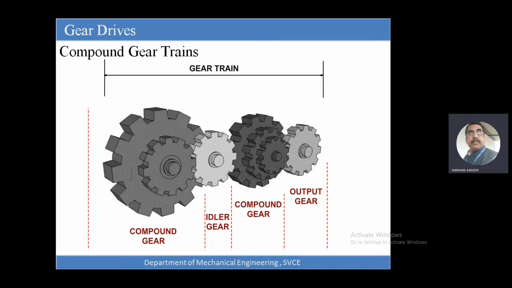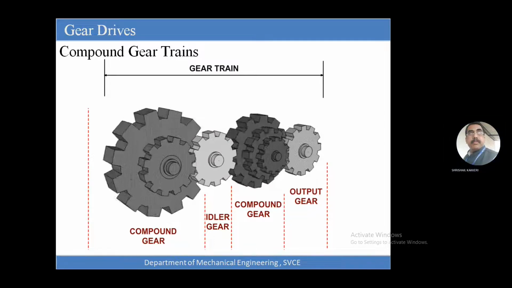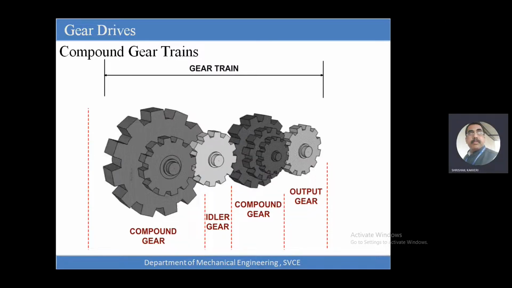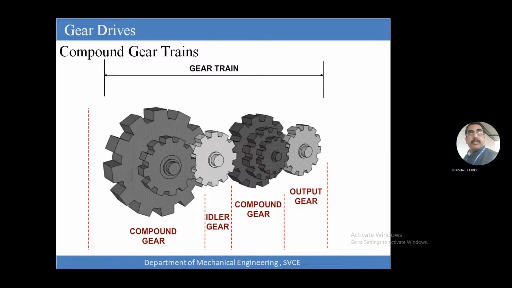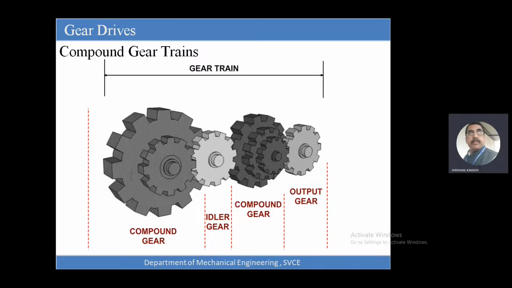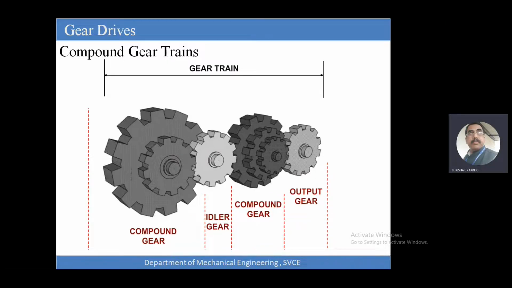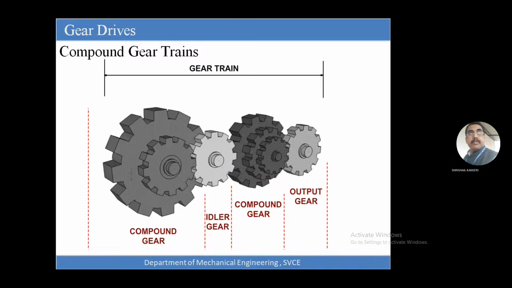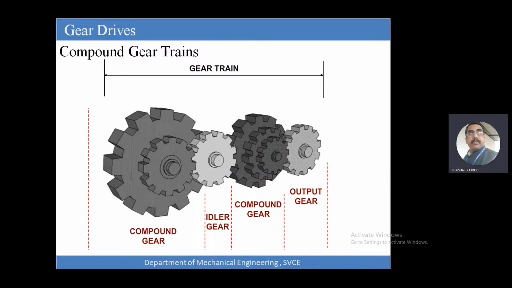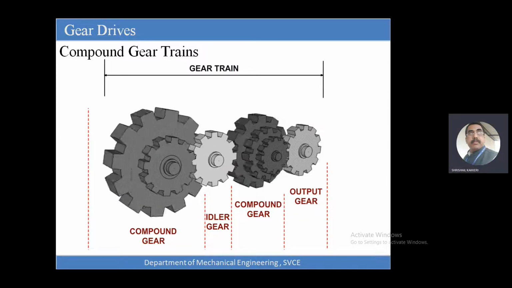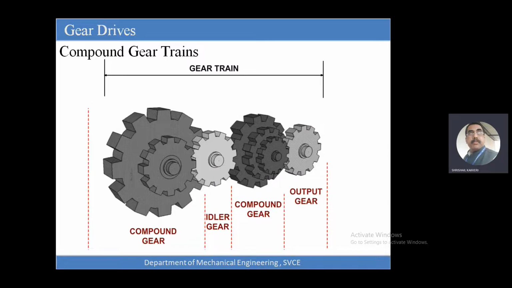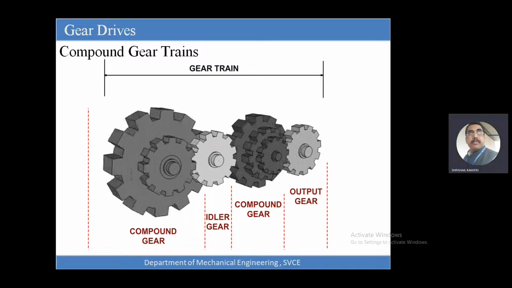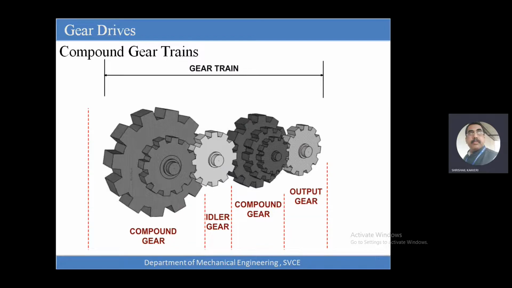Now, if I say this is the driver and this is the driven or follower gear, and this is called the intermediate gear. Okay, now let me say this is gear 1, this is gear 2 and this is gear 3. Now I am talking about simple gear trains.